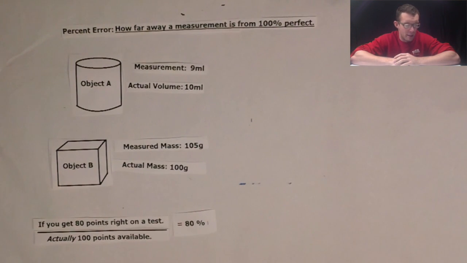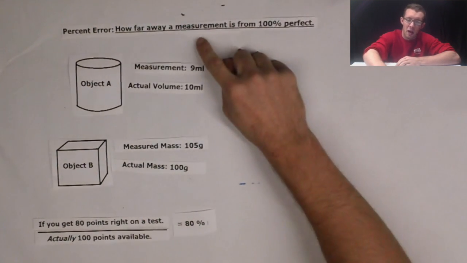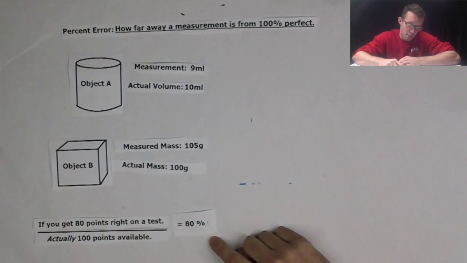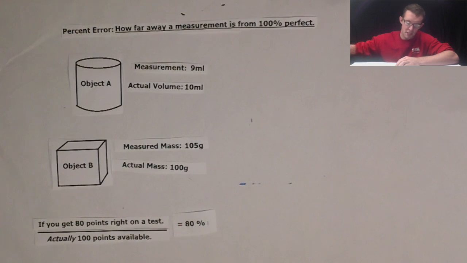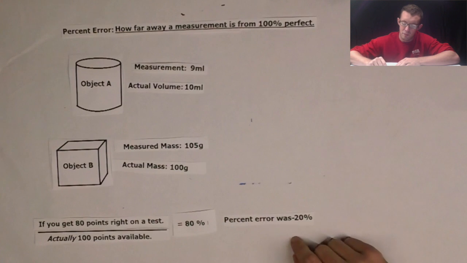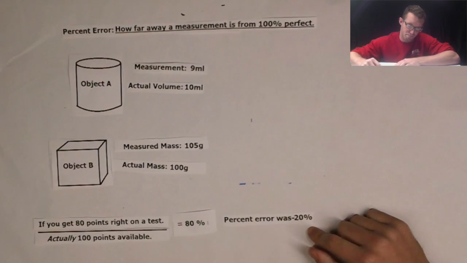You got 80% right. Now, if you wanted to figure out the percent error you got on the test, that is how far away you were from 100% perfect, and you got 80% of perfect, your percent error was 20%. You were off from 100% by 20%.